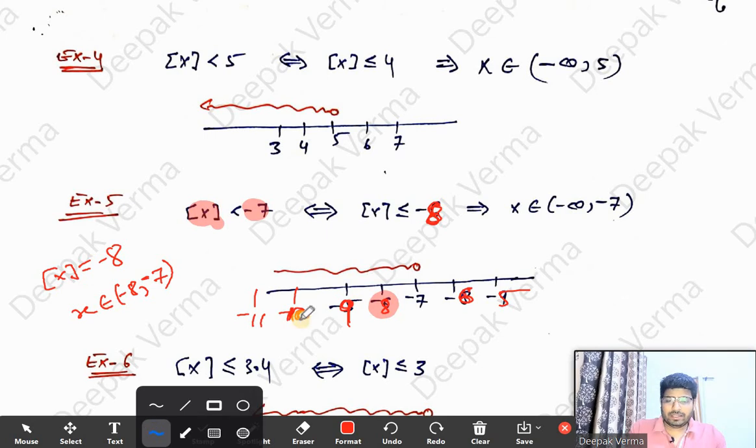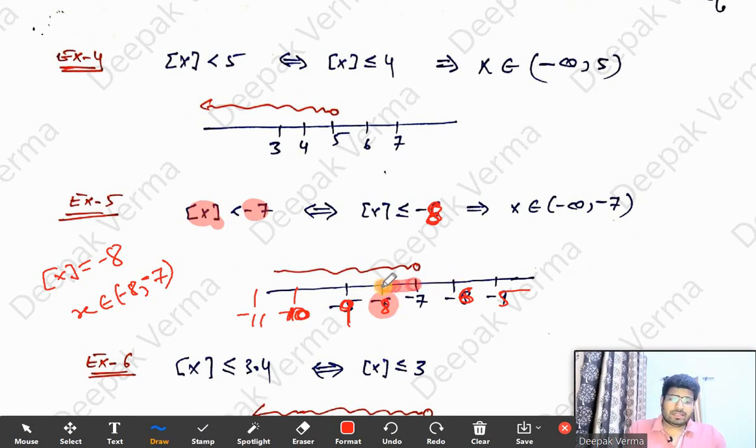It is clear? If we want box x equals minus 9, then x must be between minus 9 and minus 8. If we want box equals minus 10, then x must be between minus 10 and minus 9.